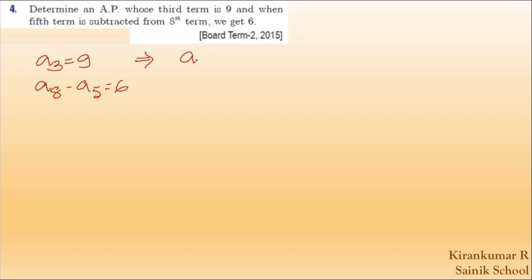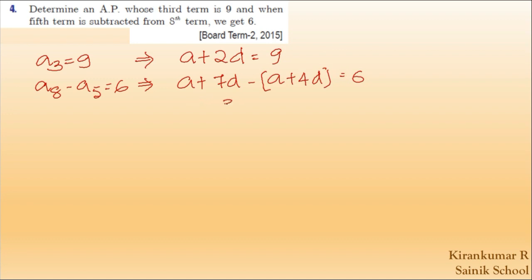With this, I'll write a plus 2d equals 9, and a plus 7d minus, I have to use bracket, a plus 4d equals 6. On simplification, a gets cancelled, we get 3d equals 6.